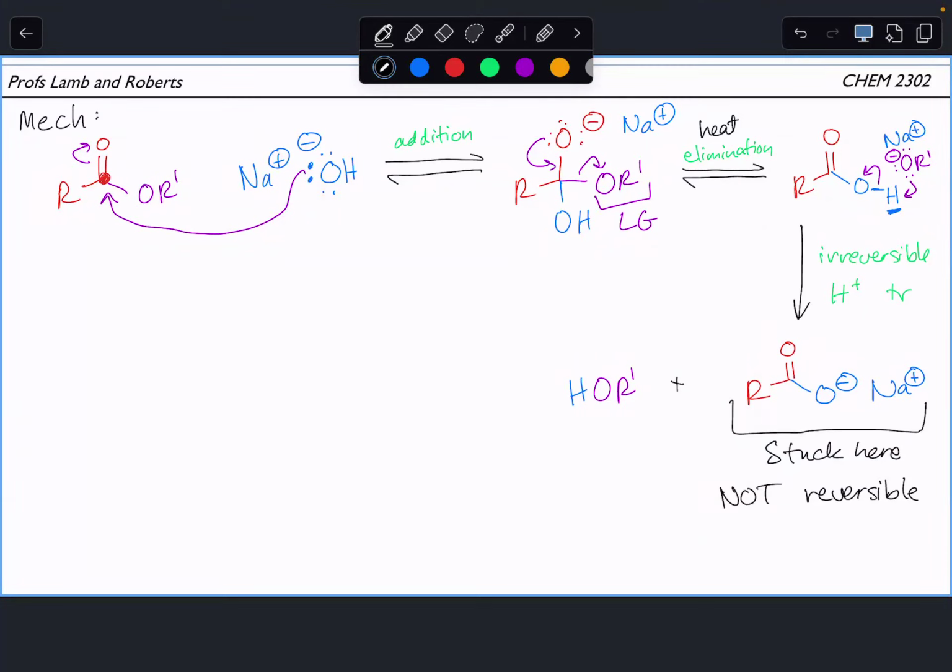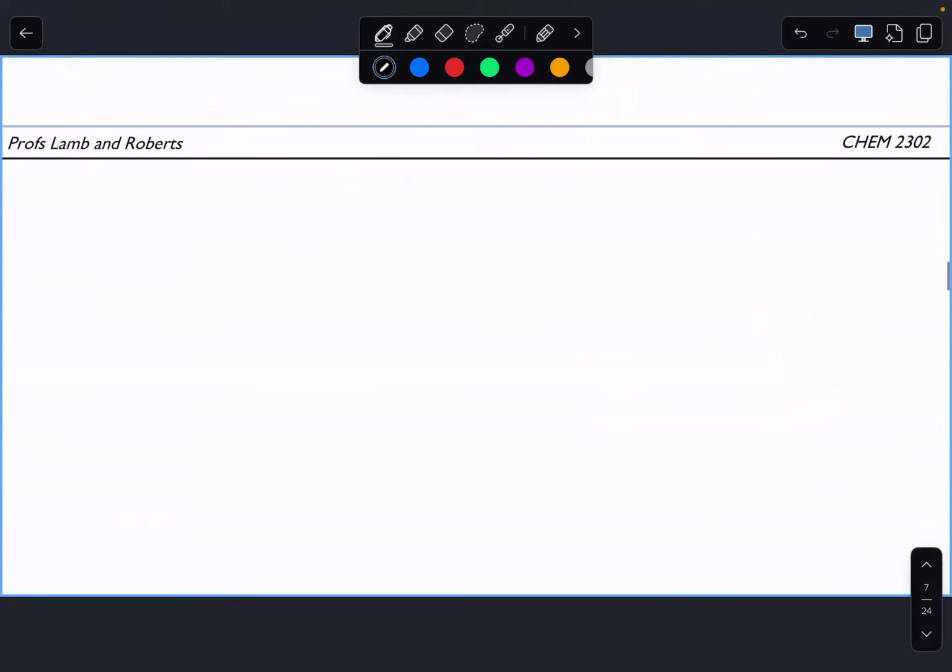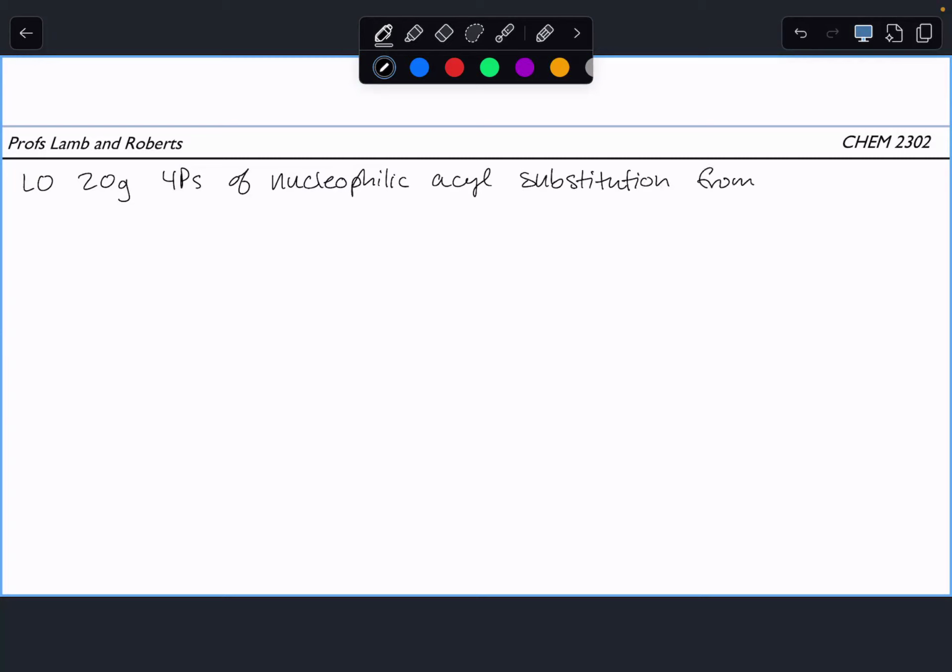All right, let's switch gears a little bit. Learning objective 20G. This is the 4 Ps of nucleophilic acyl substitution. It's always the same reaction from a variety of carboxylic acid derivatives to form amides under basic conditions, which is 20.10.